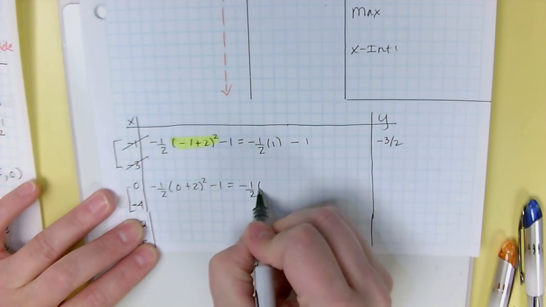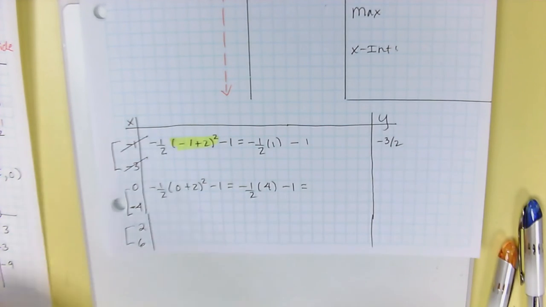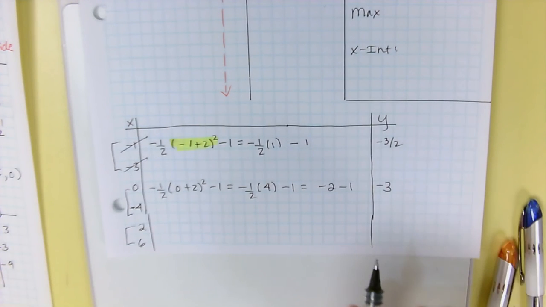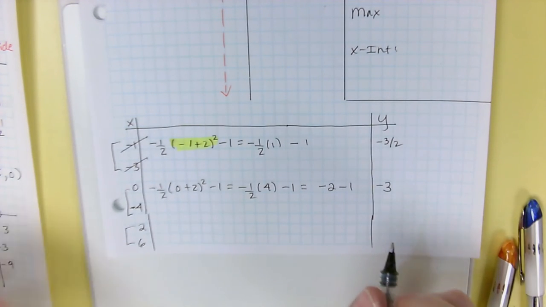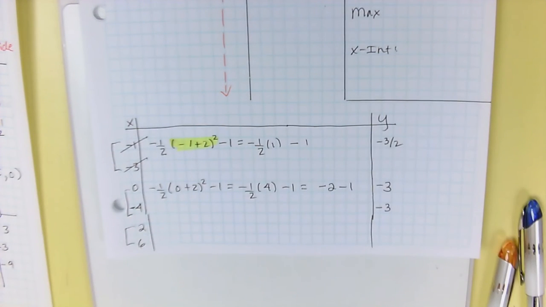So I have -1/2 times 4 minus 1. -4 divided by 2 is -2. Minus 1 is -3. Ding, ding. We got a good one. Okay, for time, I'm not going to do the -4. It should also, though, be a -3 because those are mirrored points.